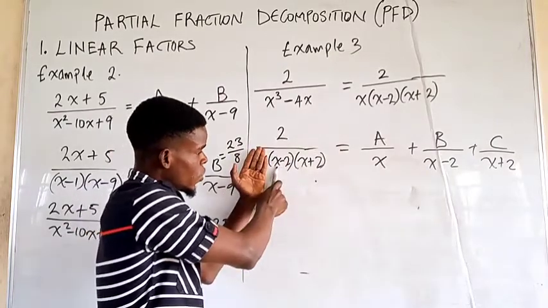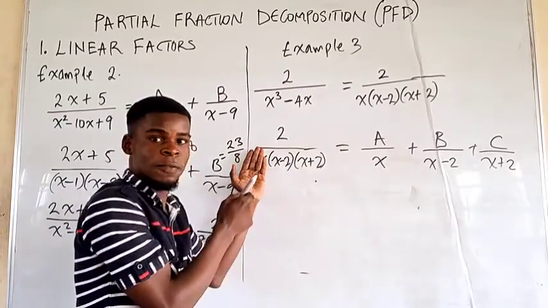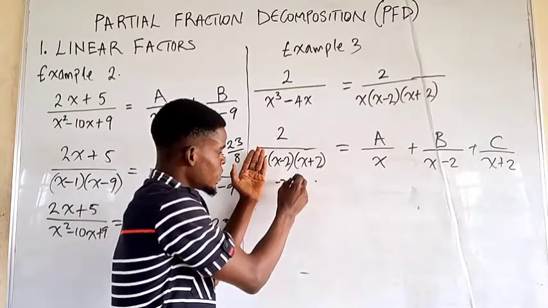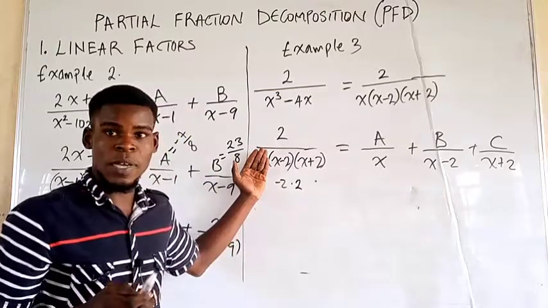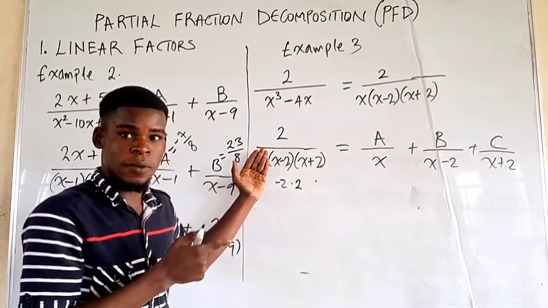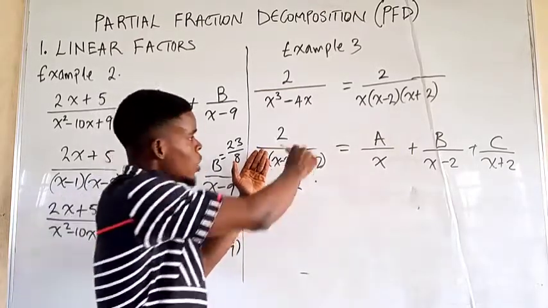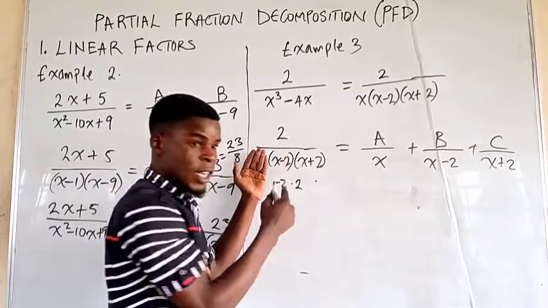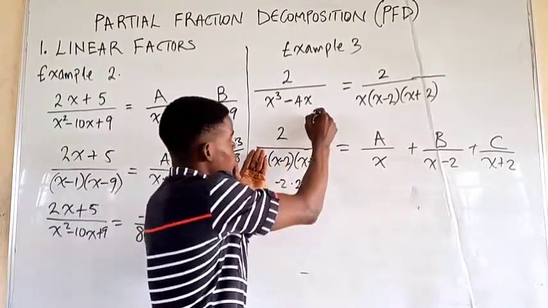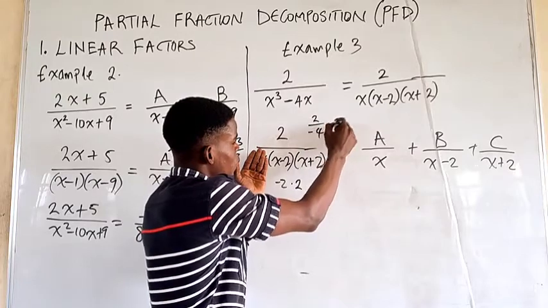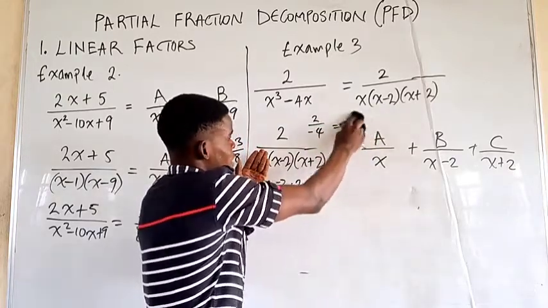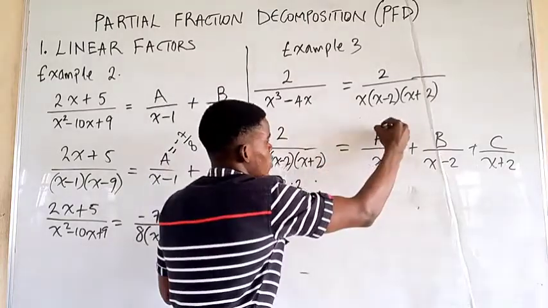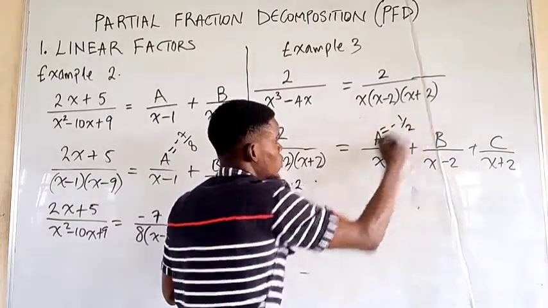We'll have 0 minus 2, which is negative 2, times 0 plus 2, which is positive 2. So at the bottom we have negative 2 times positive 2, which is negative 4. On the top we have 2 divided by negative 4, which is negative 1 over 2. So A is negative 1 over 2.